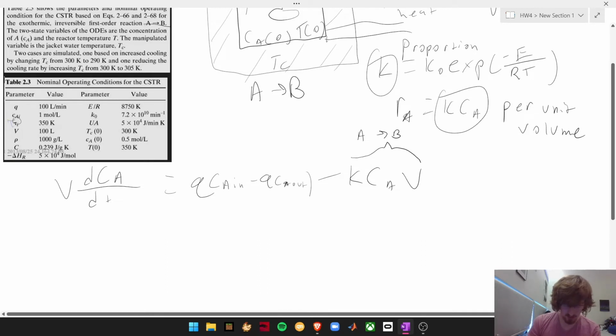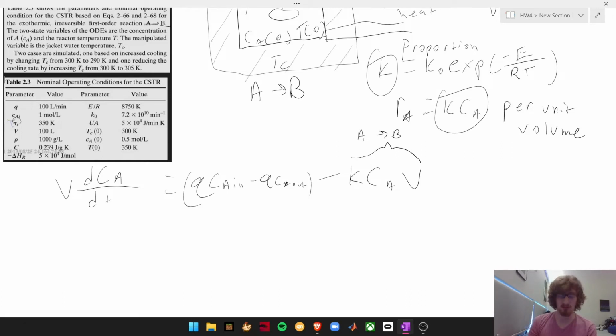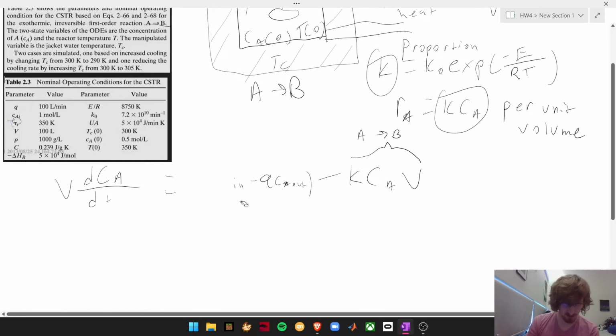And since we know that our CA in and our CA out is going to be the same as the concentration of A inside the system, it's easier to write this as Q times the difference in the concentration of A that is coming in and leaving. And that is the same as the tank.